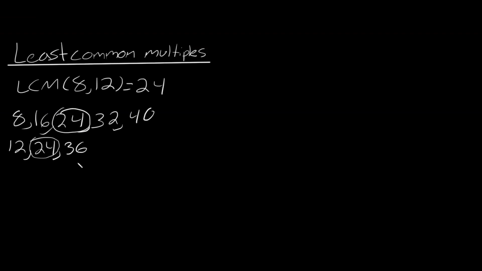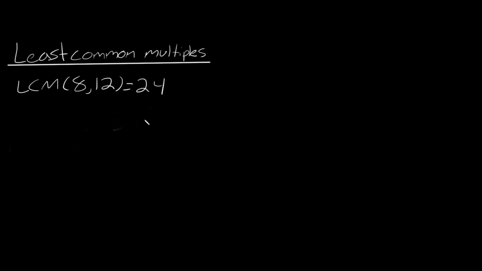But let's go ahead and use our other method by breaking these numbers down into their prime factorization. So let me erase a little bit of this down here so that we have more space. Let's break down 8. Let me change colors here. Let's break down 8 and then 12.